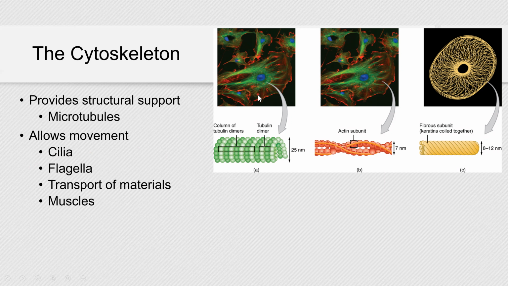Also, those proteins are important in muscle contraction. And you can see they can be different in diameter, from microtubules that are the largest in diameter, intermediate filaments, and microfilaments. So cells are not boring.